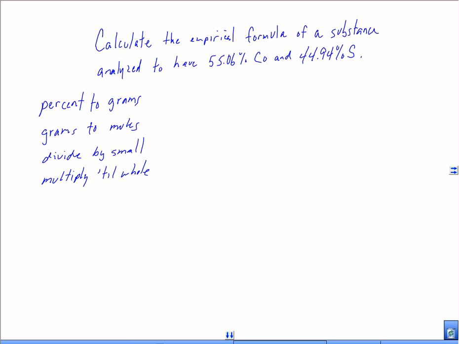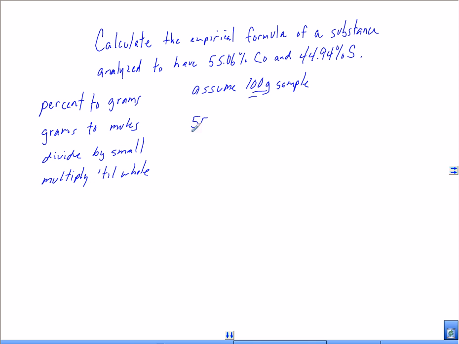Well, the first thing we're going to do is change our percentage to grams. And that's the easiest step on here, because you always assume that you have a 100-gram sample. You can assume any gram value, but it's easier to work with 100 when you're dealing with percentages.